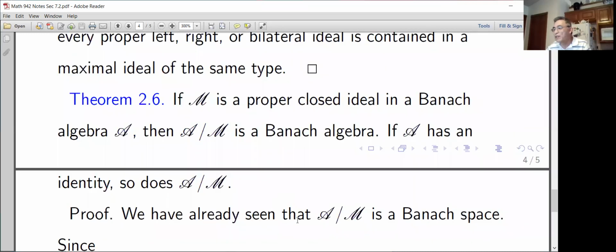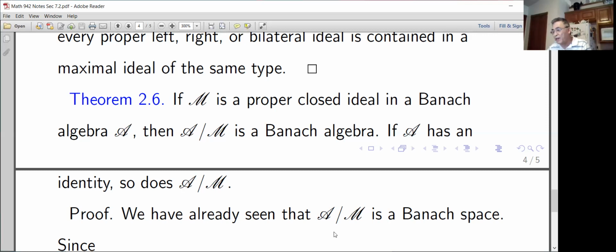We have already seen that A over M is a Banach space, because M is a proper closed ideal, so it is a proper closed subspace. So by earlier knowledge in this course, since M is a closed subspace, we can divide to get a Banach space.